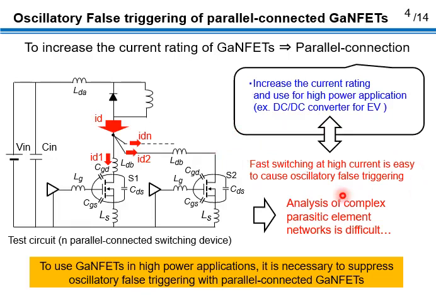The fast switching at high current is easy to cause false triggering. In addition, the parasitic oscillation circuit of parallel connected GaN-FET has a complex parasitic element network, and the analysis on the previous page cannot be applied. To use GaN-FET in a high power application, it is necessary to propose a new design instruction to suppress oscillatory false triggering with parallel connected GaN-FET.